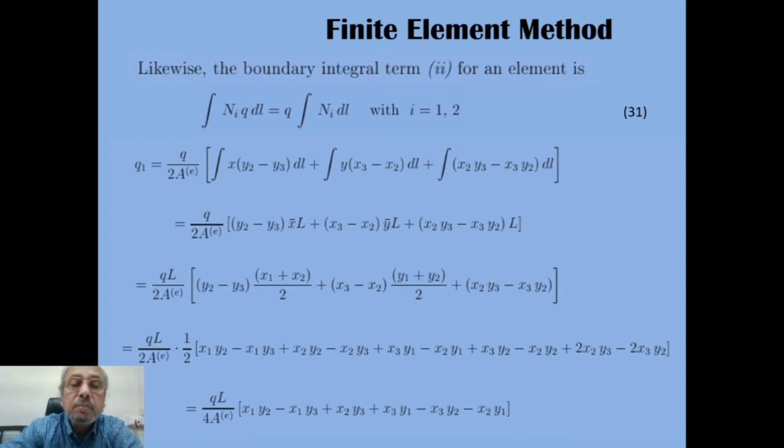Now the next term we'll take up is term 2, and this is the integration of heat flux on the confining surfaces. That means on the boundary of the domain.